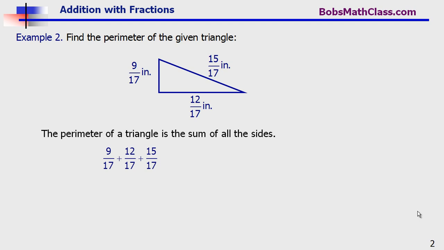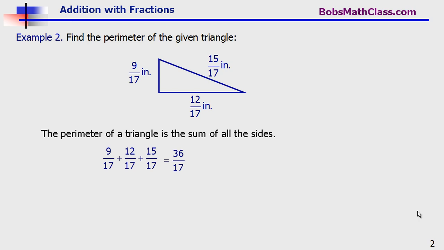So go ahead and add 9 and 12 and 15, and put that number over the original denominator. So you should get 36/17.